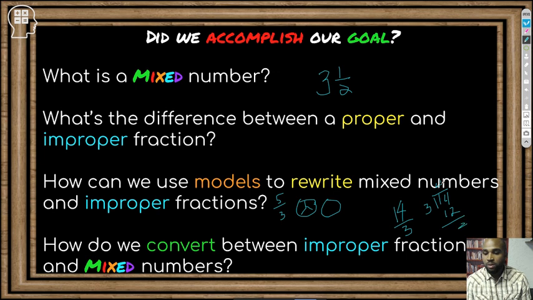My remainder is 2, so my answer is 4 and 2/3, because that's my remainder right there. 14 over 3. So that's how we showed how you would do that. Just literally take that fraction and divide it the way it says. 14 divided by 3. And stop at the whole number and record what you have as a remainder, divisor, and quotient.